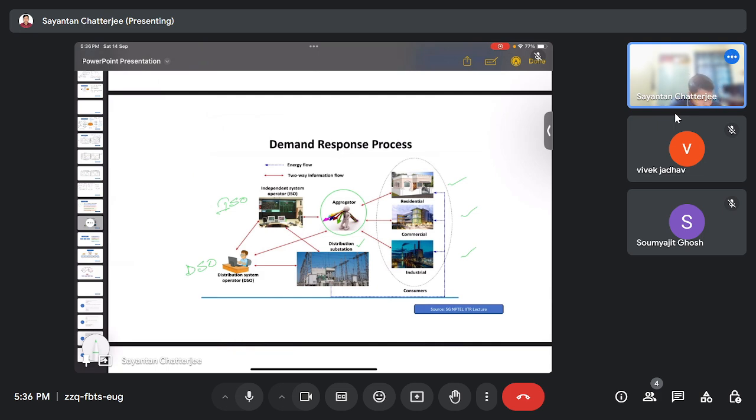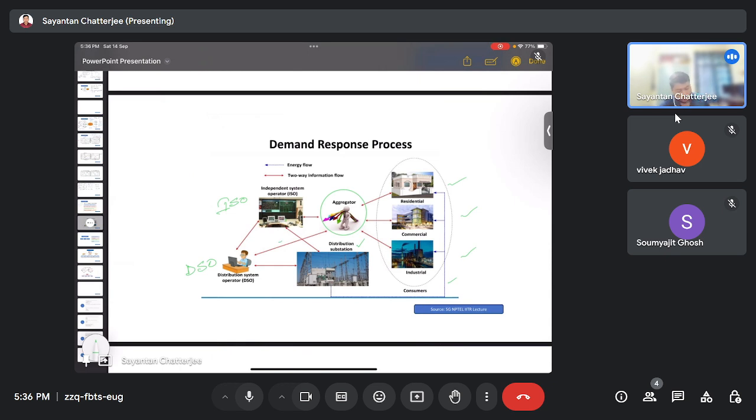The aggregator has knowledge of the present consideration, how things would flow. Here is the energy flow, the green line, and here's the communication line.